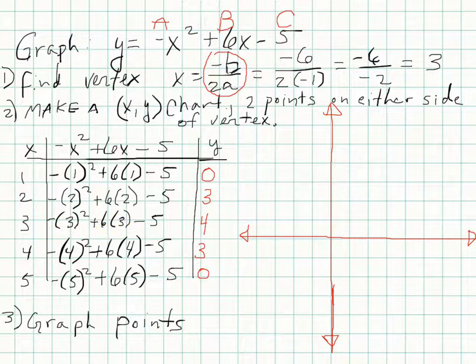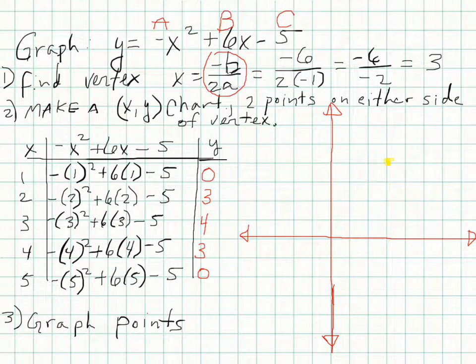Plus 6 times 3. Minus 5, and I find out that the vertex is at 3, 4. So 1, 2, 3, up 4. 1, 2, 3, 4. Here's the vertex right here.